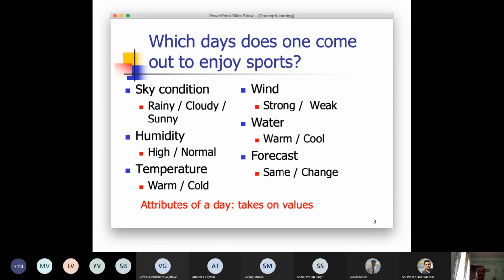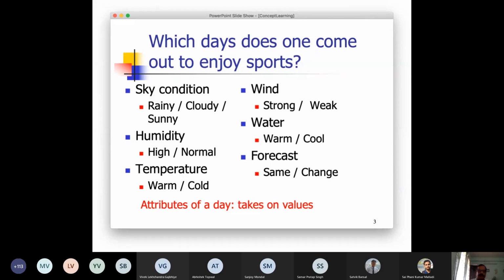So the problem definition is that for each attribute you will have a value. That combination will be given to you, and then you will be asked to predict whether that day is good for enjoying sports.